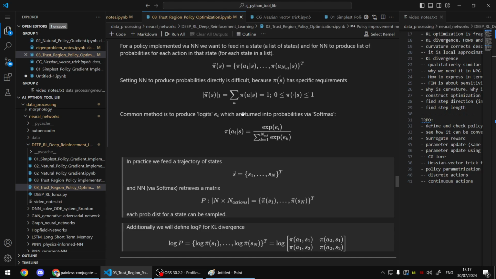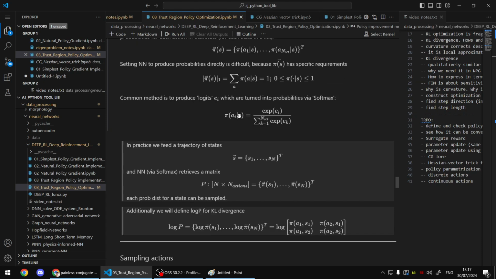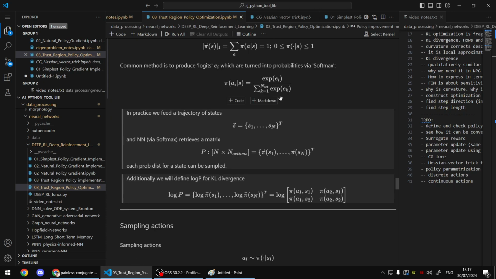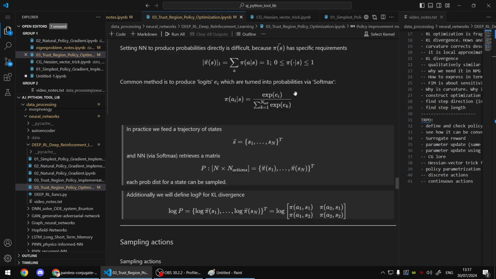So of course, the most popular idea is to use the softmax. It has its own problems. It likes to blow up some probabilities and reduce others. It's not linear, but still. And that's the idea.